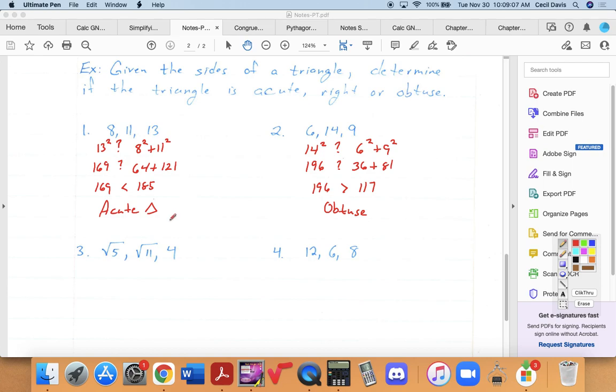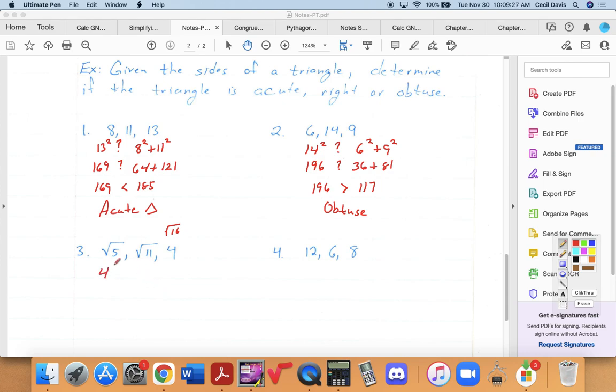How about, what is 4 the square root of? 16. Oh, yeah. Which one is the biggest side? 4. Because it's the square root of 16. The square root of 16 is bigger than the square root of 11.